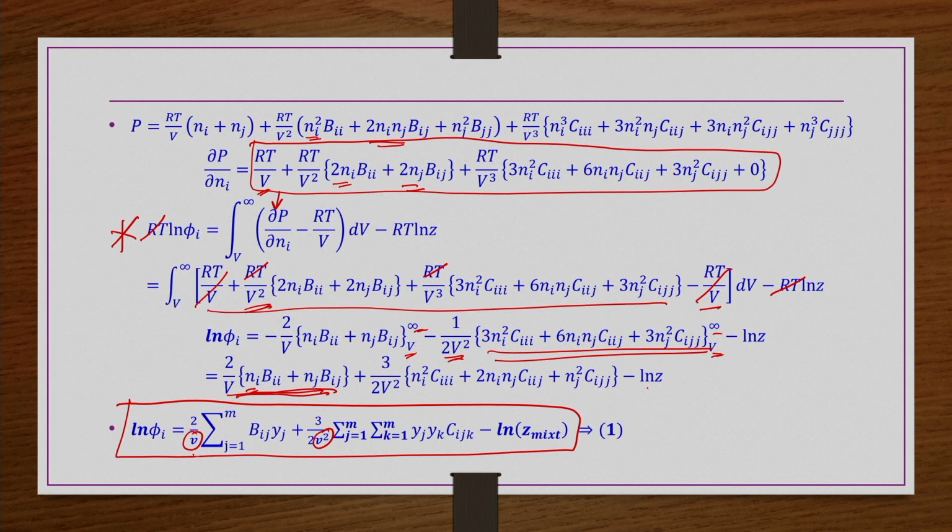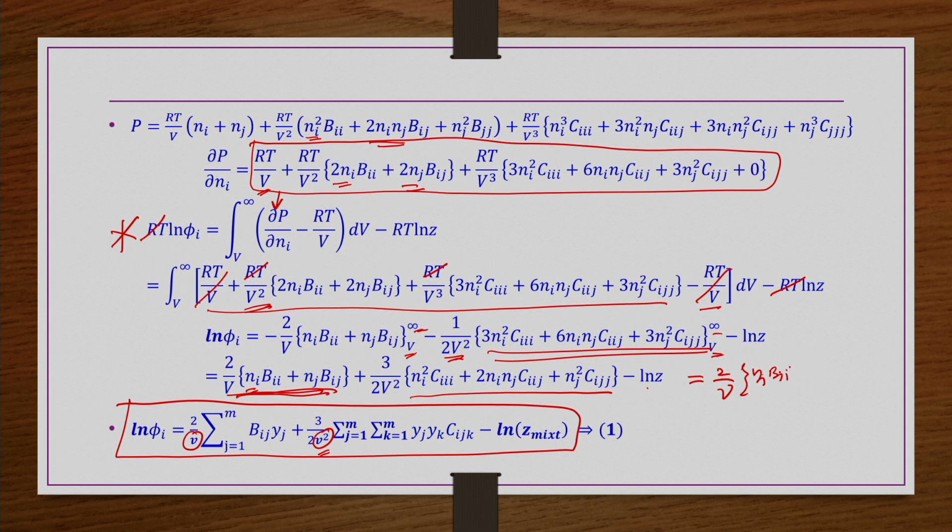So, 2 by small v we are getting here. Similarly, here also we are multiplying and dividing by Nt square, so that Ni square by Nt square is Yi square, and then Ni Nj by Nt square is nothing but Yi Yj we get, and then Nt square by V square is nothing but 1 by small v square.